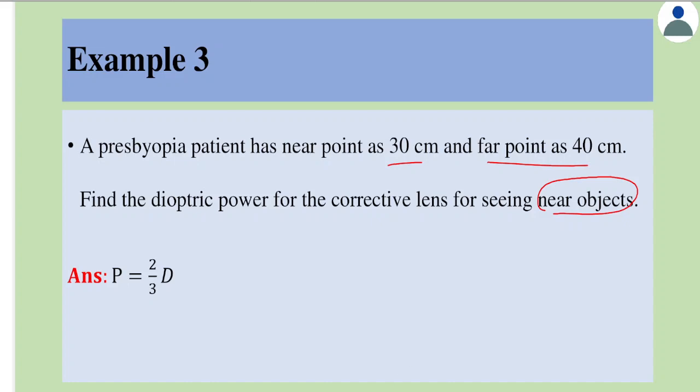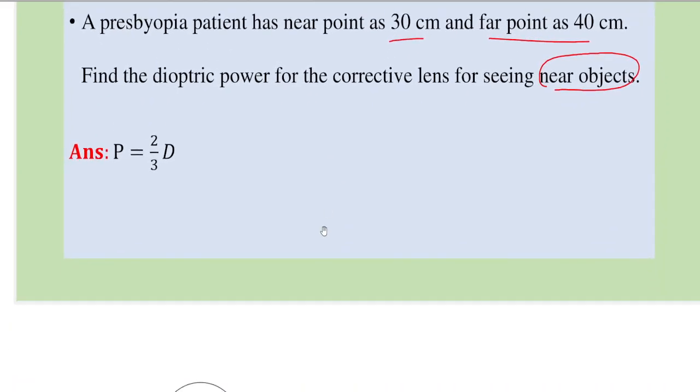Here it doesn't say at which point the object is placed, but what is given is that this person has a range of vision such that the person can see only between these 2 points, a distance of 30 cm to 40 cm.